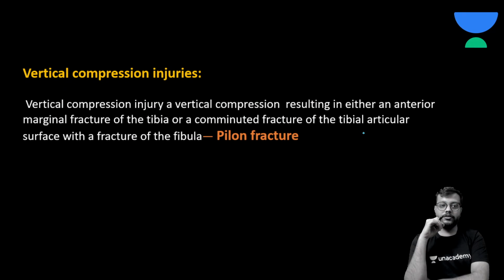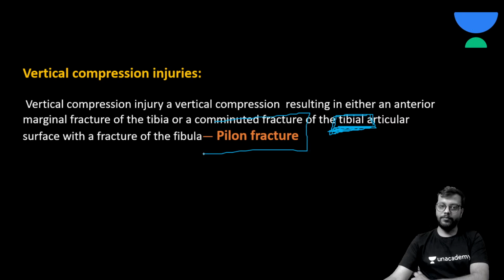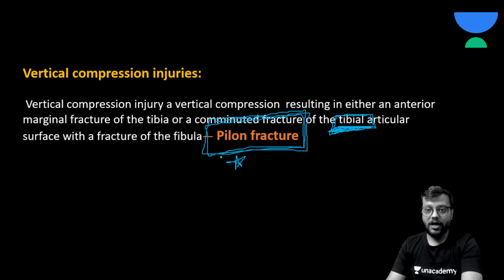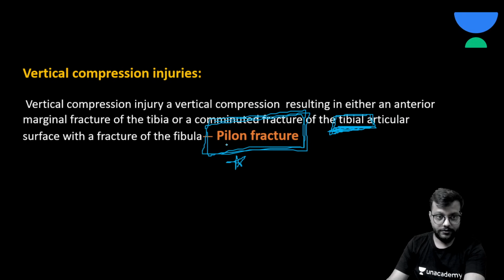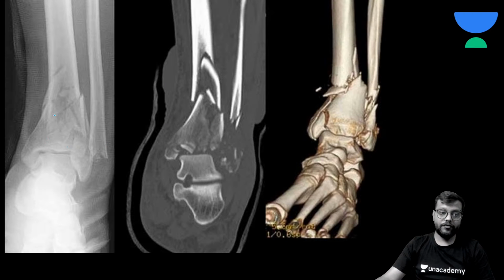Now the last is the vertical compression injuries. Okay, and it is नाम से ही very evident है कि there will be vertical force either in the anterior side or the posterior side, which will lead to the fracture of tibia. And यहाँ पे एक special unique fracture होता है due to the vertical compression force, and that is the Pilon's fracture, which is an intra-articular fracture of the distal tibia with fracture of fibula.